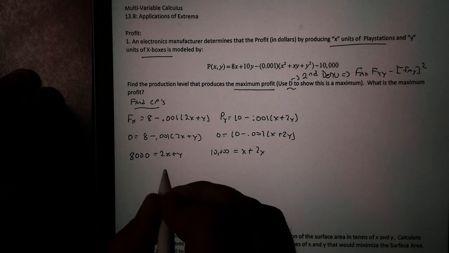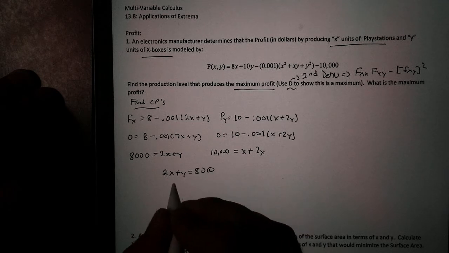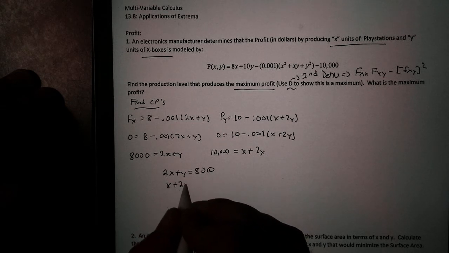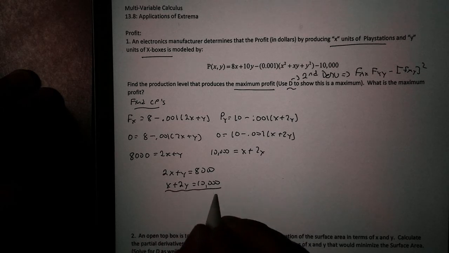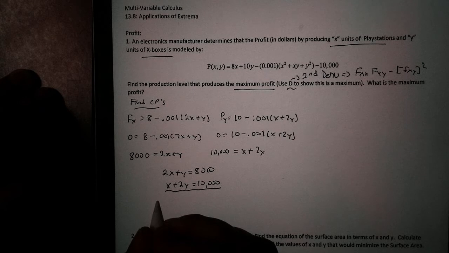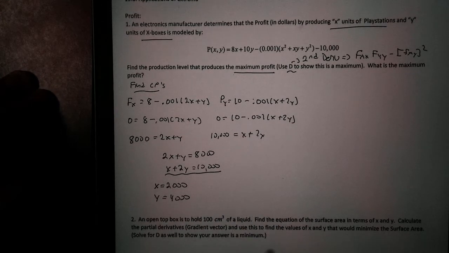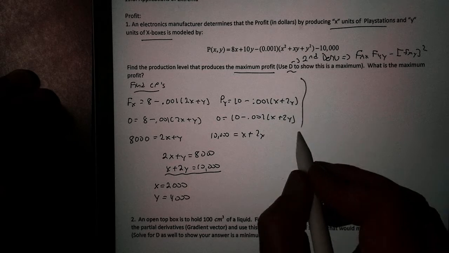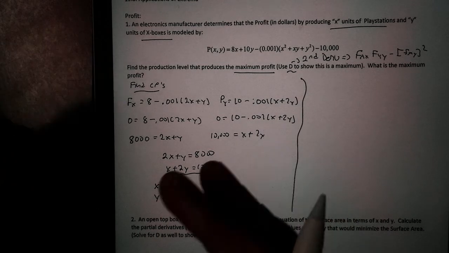We can solve this system: 2x plus y equals 8,000, x plus 2y equals 10,000. If you solve that, you get x equaling 2,000 and y equaling 4,000. You can verify that just by solving those. So that's going to be our critical point, our critical number.